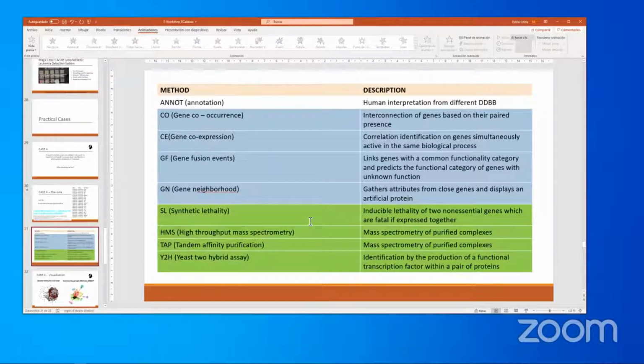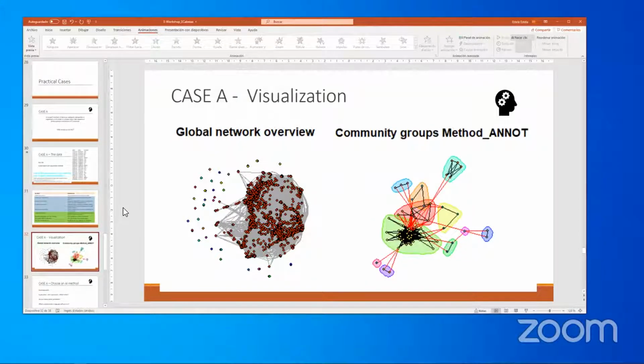So for the visualization, what do you think would be the most appropriate way of visualizing all this data? There's not a correct answer. It's just a critical thinking exercise. So, for example, we can use this kind of network visualization of interaction between the proteins.